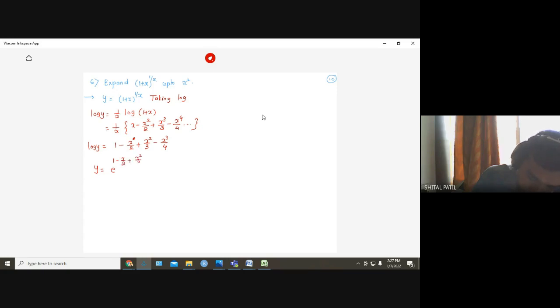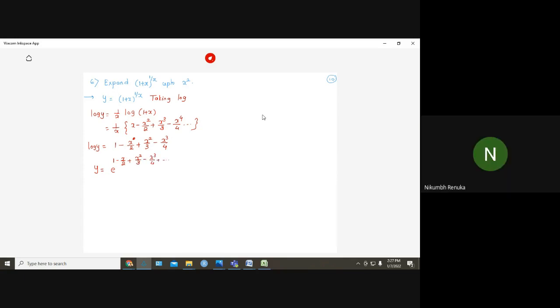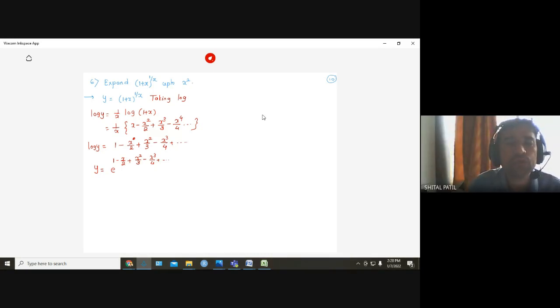Hope up to this step everything is clear. Yes, sir. Now, can anyone tell me what should be z so that we will be able to terminate the expansion somewhere? That is, it may not be required to consider any term from z cube, z raised to 4, z raised to 5, like this.